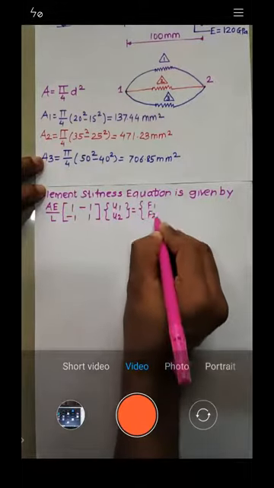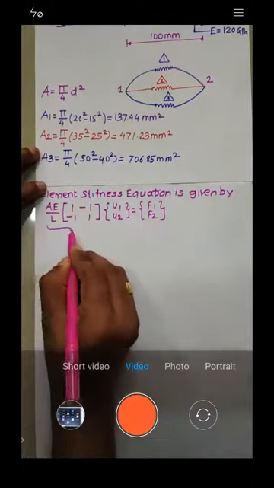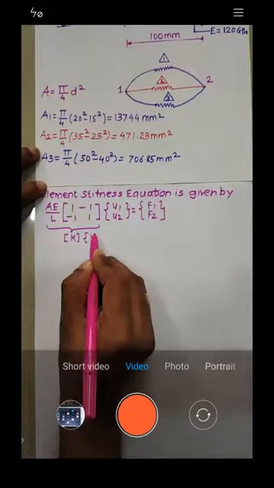Now see this particular term, it is called the element stiffness matrix. This is to be multiplied by displacement U, which is given by force F.